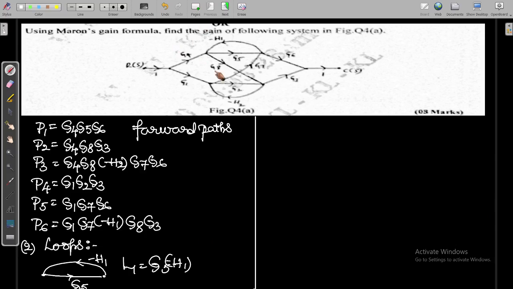Next, another loop we will identify, that is L2. If you observe L2 very easily here downwards, that is G2 into minus H2. So let us draw that also, that is G2 and you will have minus H2. Let us write that also again, G2 into minus H2.